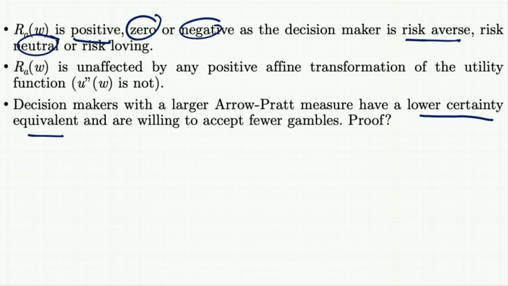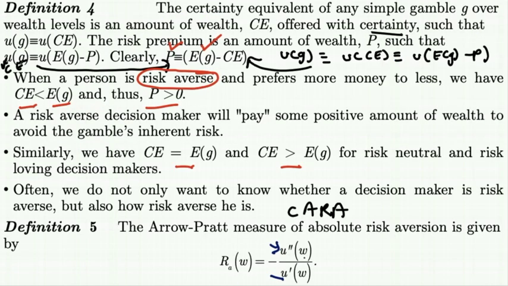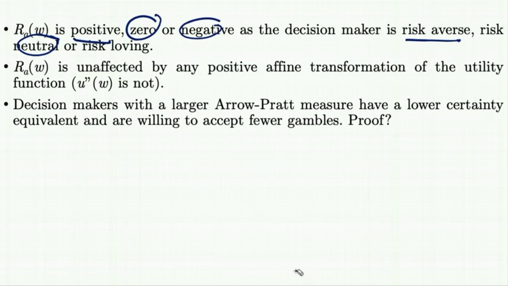So you can see clearly that the Arrow-Pratt measure of absolute risk aversion, or the coefficient itself, depends on the utility function that we have here, the curvature. If U double prime is very high, then obviously it gives you a higher value in absolute terms.